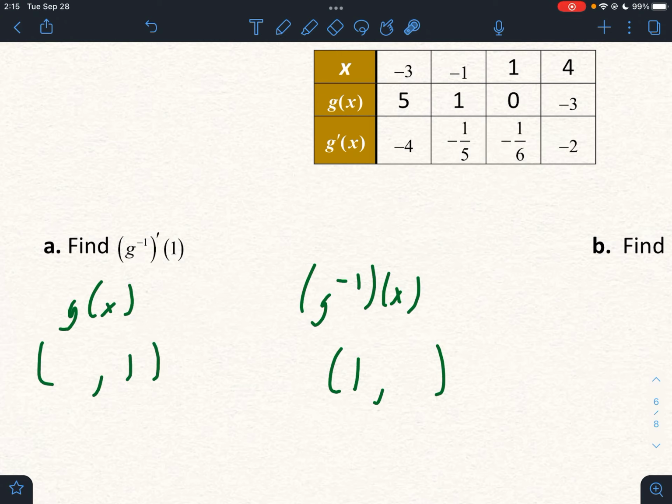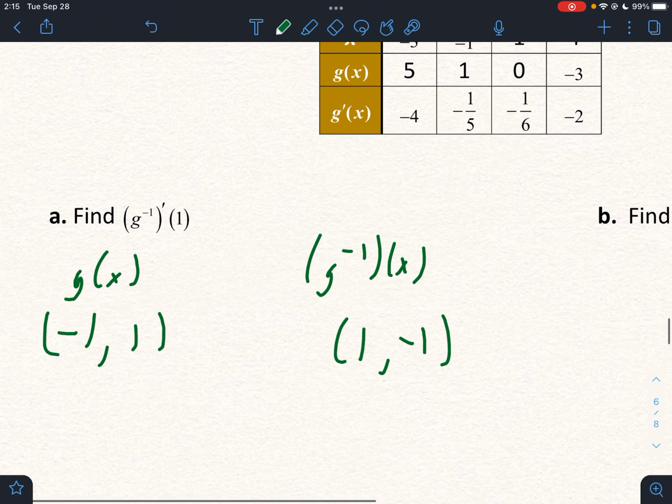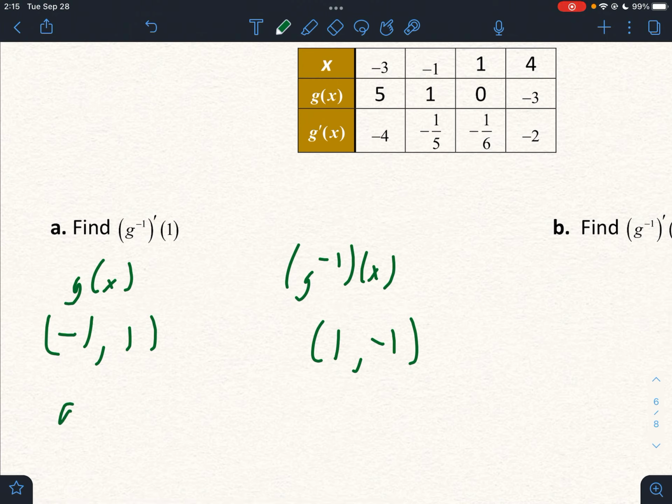So let's go to the table and see where our y value 1 is for g of x. And that would be right here. So the point is negative 1, 1 on g, and 1, negative 1 on g inverse. So g prime of negative 1 is right here, negative 1/5.